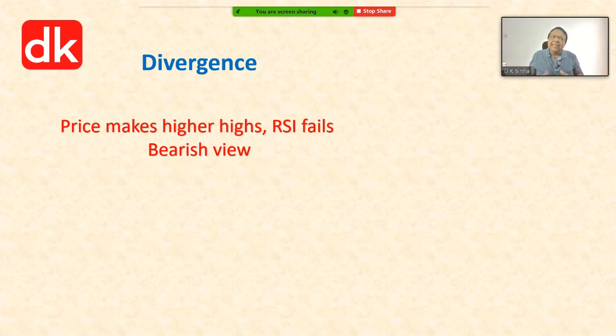Because the market continuously makes a wave formation. Impulsive wave, corrective wave, impulsive wave, corrective wave. This is the regular feature of any trending market. So, when the price makes a higher high and RSI fails to do so, it is a bearish view.